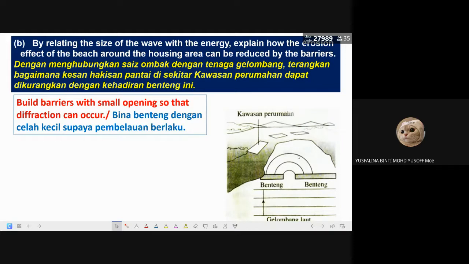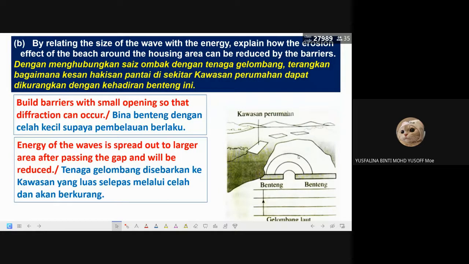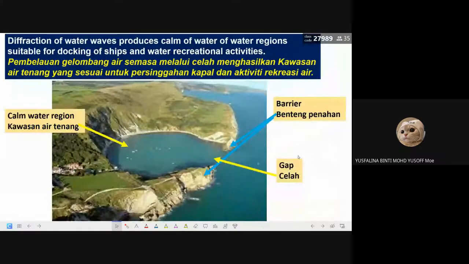So when you want to decrease the energy more, you have to make the size of the slit smaller. So you have to build the barrier with a small opening so the diffraction can occur. So the energy of the wave will be spread out to a larger area after passing the gap, and will be reduced. So the amplitude will be decreased.